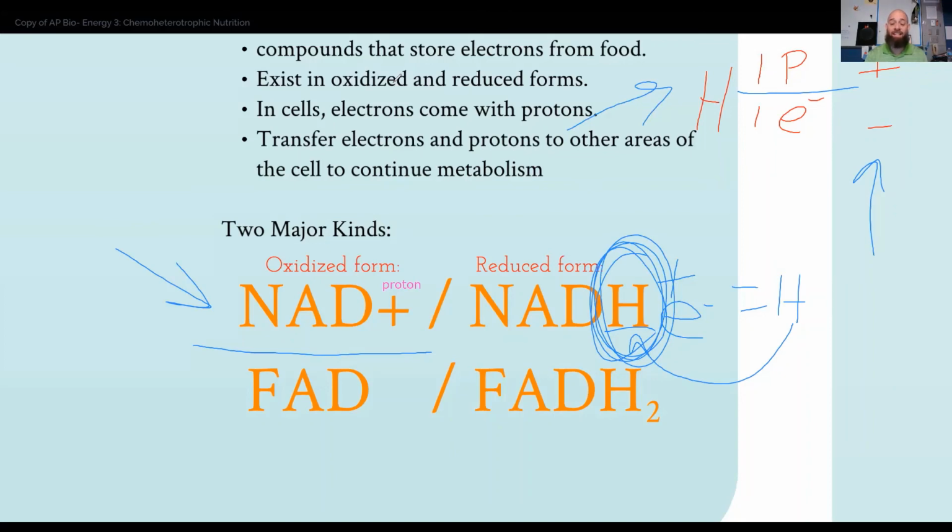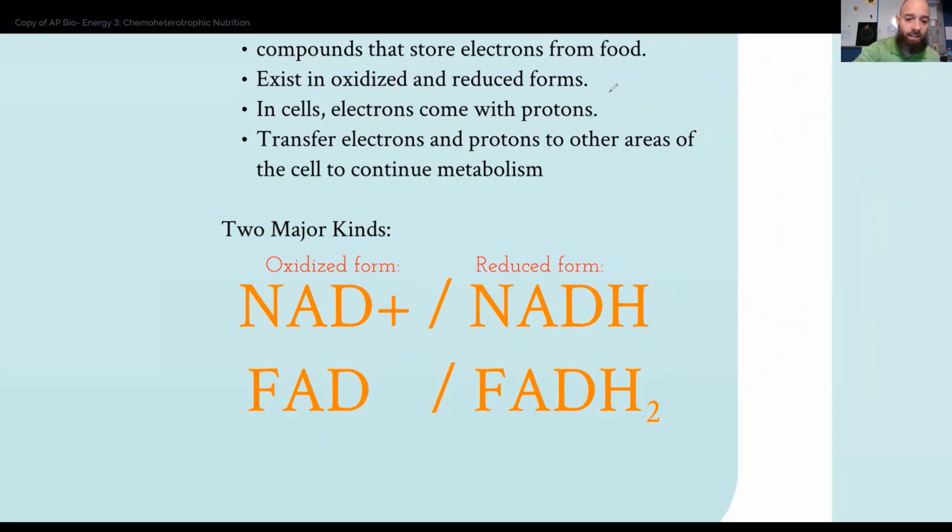So if you see NADH, you should automatically know the electron has been added. I know the electron has been added because this says hydrogen now. That means that there's a proton and an electron. That's the charged version. And if you were to see NAD plus, you should know that's the discharged version. I know there's not energy in this because it only has the proton. It didn't get the charged electron yet.